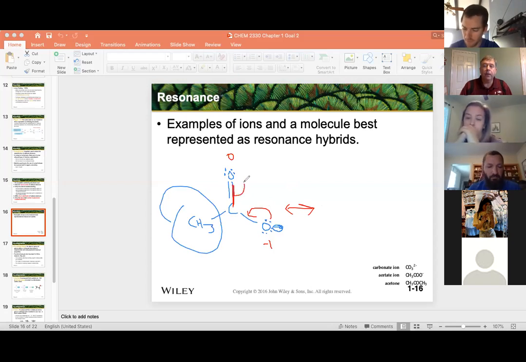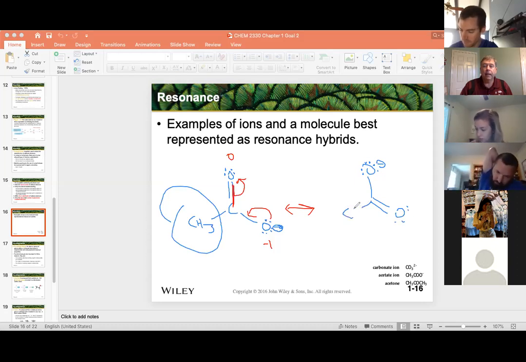So these electrons are going to be the electrons that become the lone pair on this oxygen. Okay, that's going to give us our new structure, which is oxygen with 3 lone pairs up here and our negative charge. We now have 2 bonds down to here, and we still have our CH3 over here that hasn't changed at all.